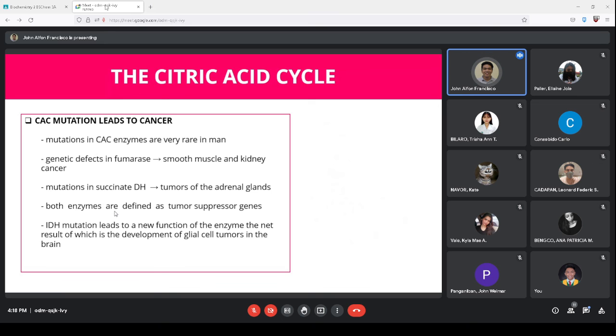IDH mutation leads to a new function of the enzyme, the net result of which is development of glial cell tumors in the brain. So as you can see, even if just one enzyme is involved or has an issue within the cycle, its effect on the system is drastic. Specifically in the citric acid cycle, it can lead to cancer. That is why it is important to identify which part, especially if you plan to enter medicinal chemistry.